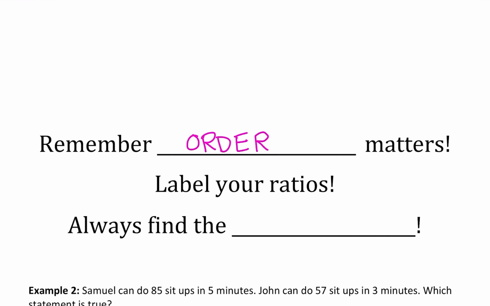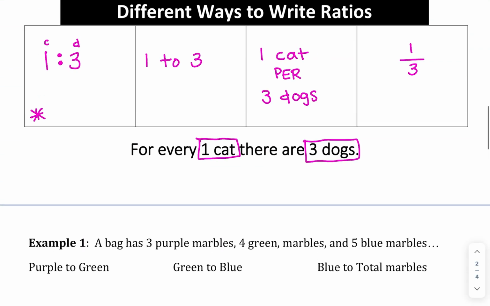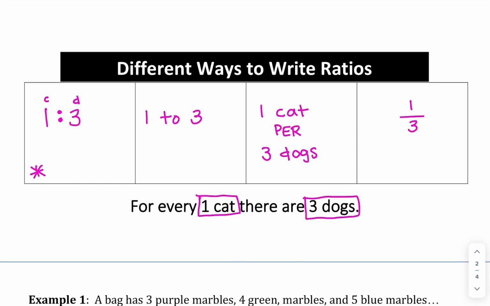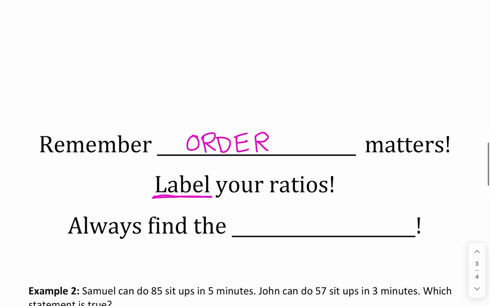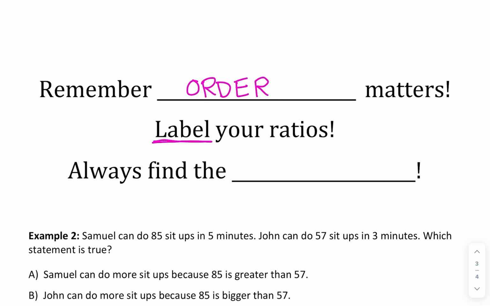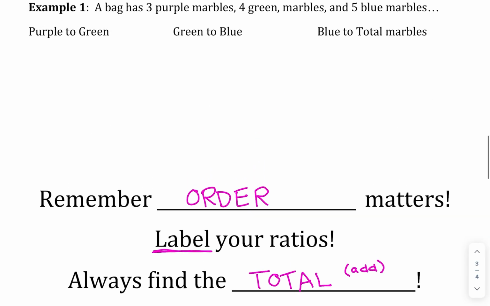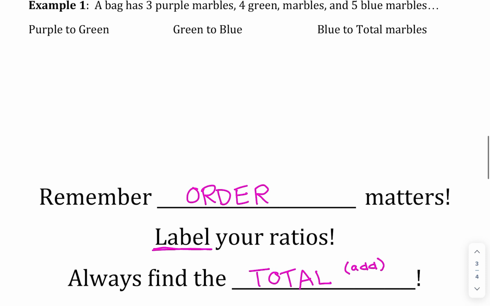Order matters. We are also going to label, like I did up here with cats and dogs. And then we are going to find the total when it asks us to. To find the total, we have to add the pieces. All right, so now that we have those things, let's go up here.